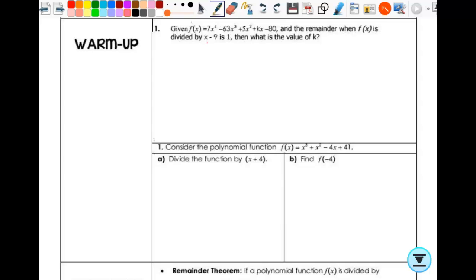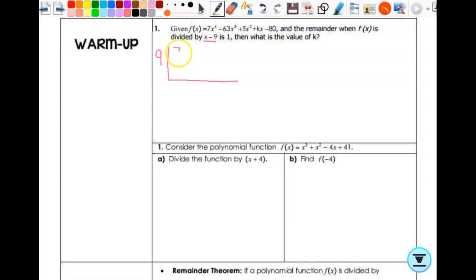So if I'm going to divide by x minus 9, what do I put on the outside of the house? Positive 9. Good. So then inside the house, we always check for missing terms, right? This is x to the 4th, so I should have 5 numbers in here. I have 1, 2, 3, 4, 5 terms, so that'll be taken care of.